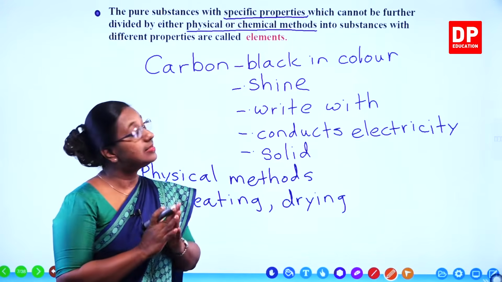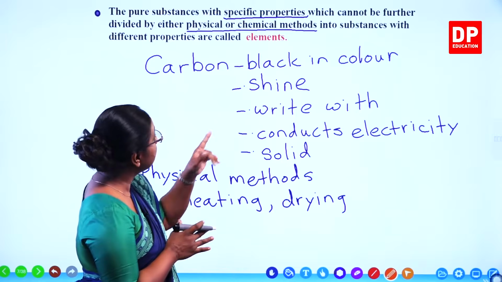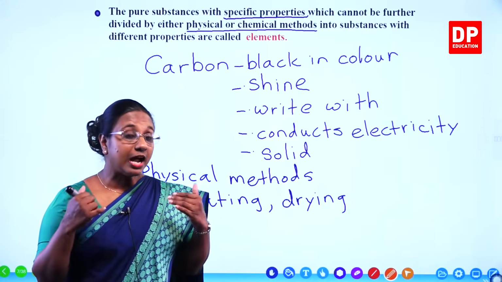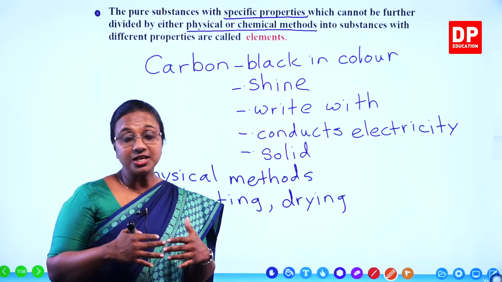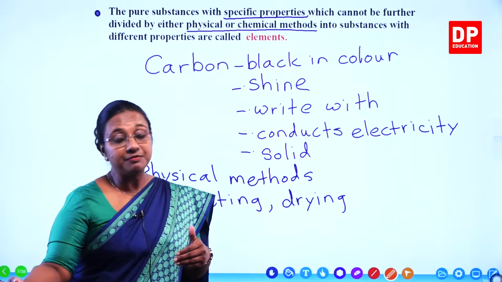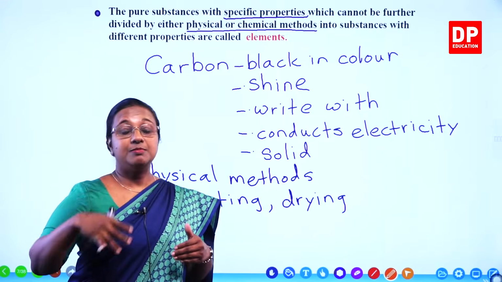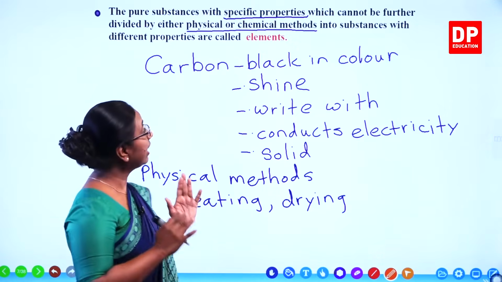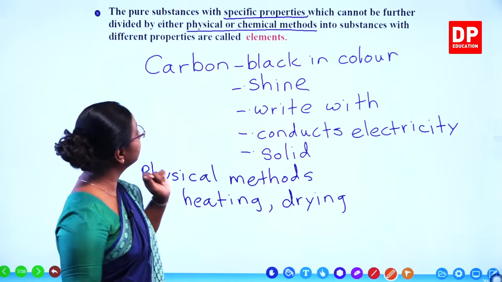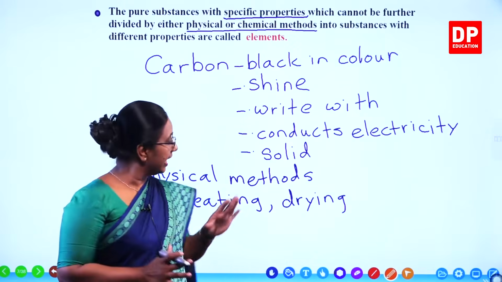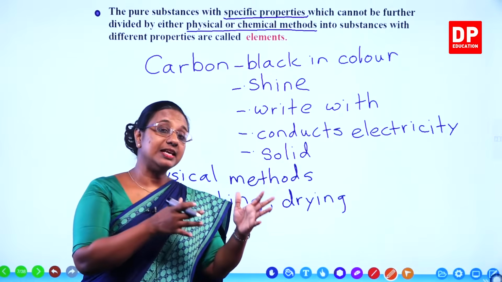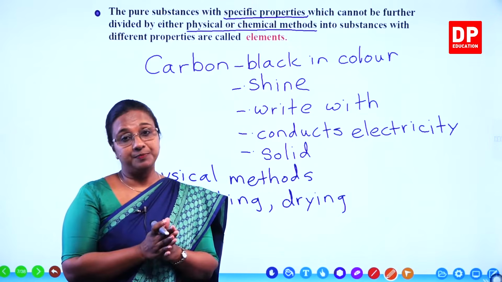You cannot separate them further into substances with different properties. It will undergo a chemical reaction and will become a completely different substance. It might become a compound, it might become a mixture, but you cannot make it into another element. So let's say we take carbon and we hold it to the fire.